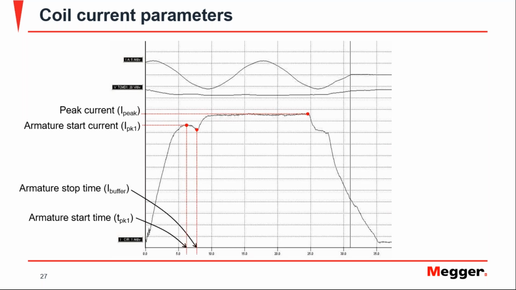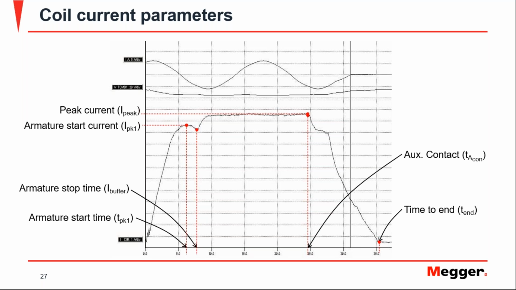Then when that plunger or armature stops and hits the trip latch, it will change the current, and that happens at a certain time. So that is also important. And whenever an auxiliary contact opens to de-energize the coil, you will see the current start dropping. That is another point of interest, and the time to the end of the operation of the coil, with no more current circulating through the coil.